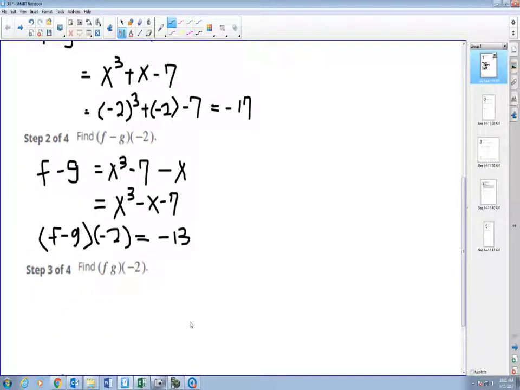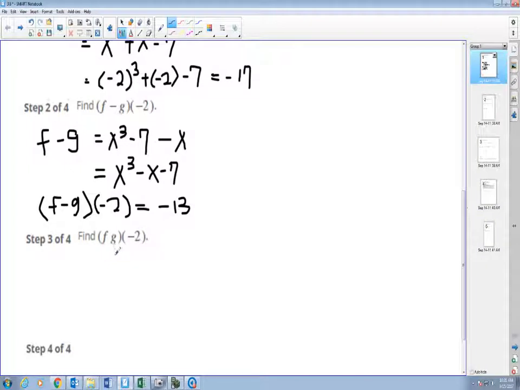Now, multiplying the two functions. Remember, my first function is two terms, x to the third minus 7. Two terms represent one function. Put them in parentheses so I can multiply by my function g, which is just x.